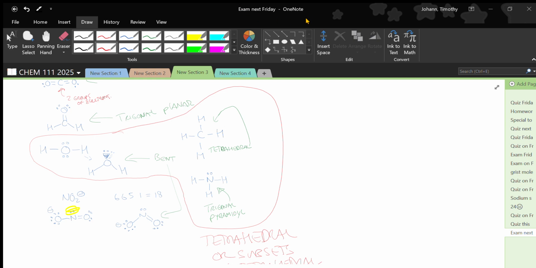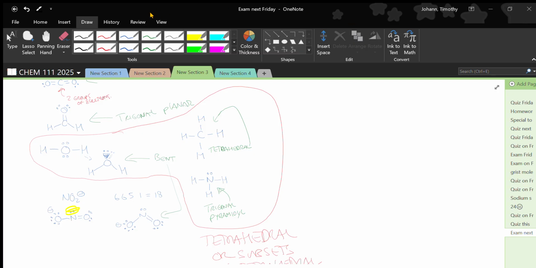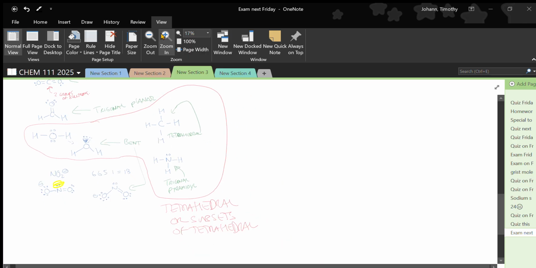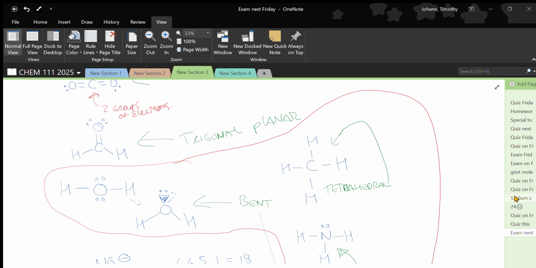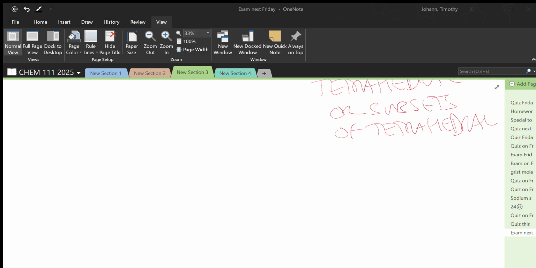Let's build up to more than 4 things around a center atom. Let me zoom us back out again. All right, let's look at what our next shape might be. Phosphorus pentachloride, so PF5, that's interesting.